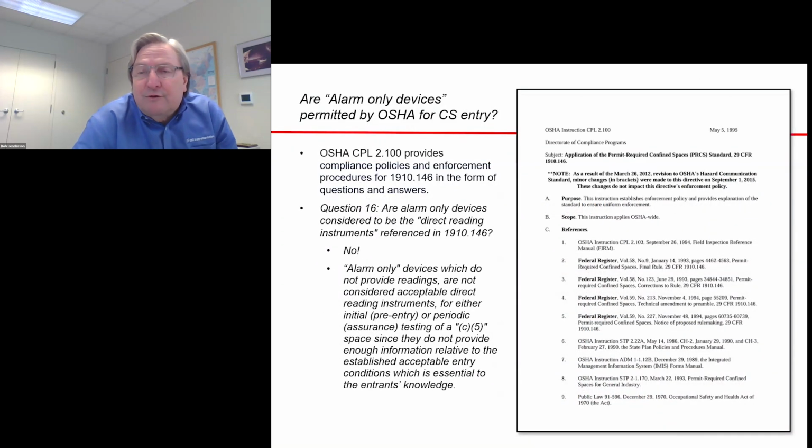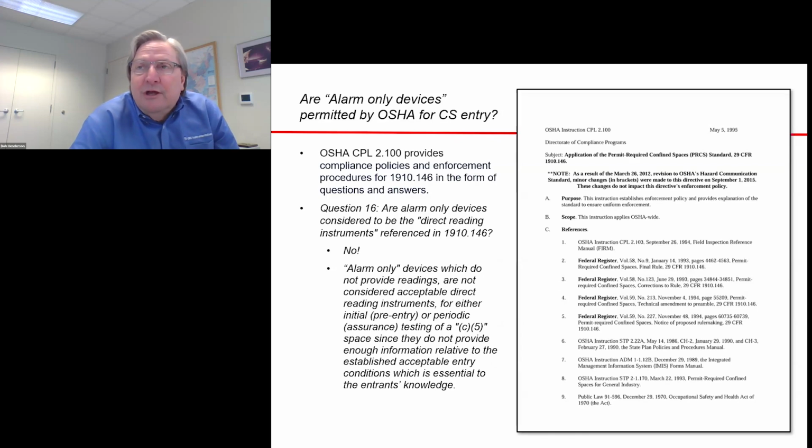And watch out for a category of instrument that OSHA refers to as an alarm-only device. An alarm-only device is one where you don't have a reading, you just have an alarm if you go over the alarm threshold. OSHA has published guidance letters on this topic that simply says, no, that's not acceptable.